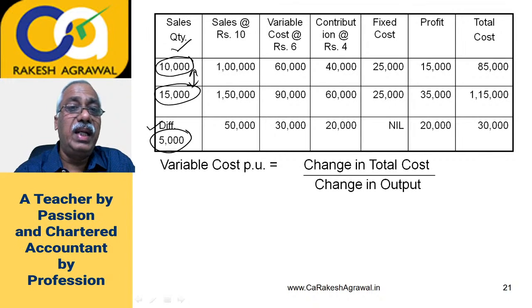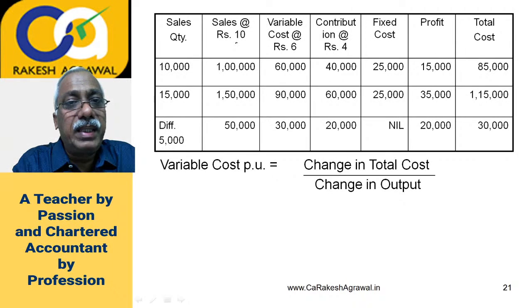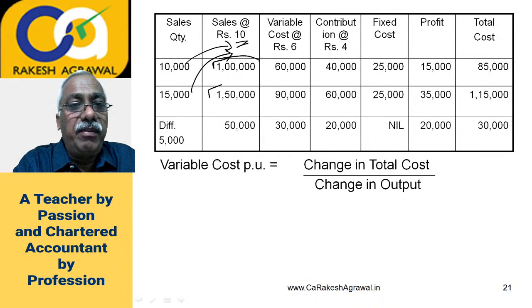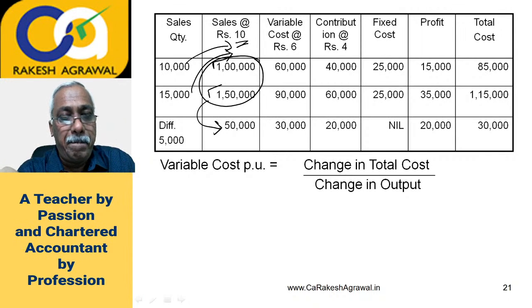Let us first understand the data, then we'll go ahead. I'm assuming sales price as 10 per unit. So 10,000 units into 10 per unit, my sales will be 1 lakh rupees. 15,000 units sold at 10 per unit, my sales will be 1,50,000. And the difference between 1 lakh and 1,50,000 is differential sales of 50,000 rupees. Is that okay?